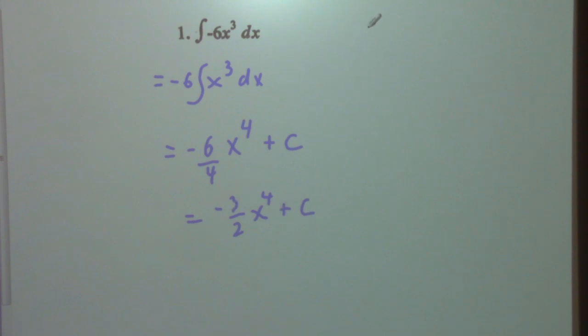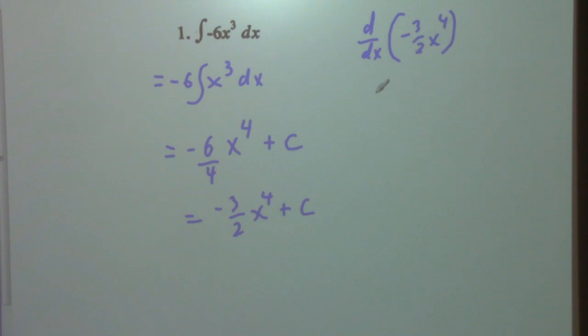I'm going to write up a sample check here: d dx of -3/2 x to the 4th, and the derivative of c is going to be 0 anyway, whatever c is.